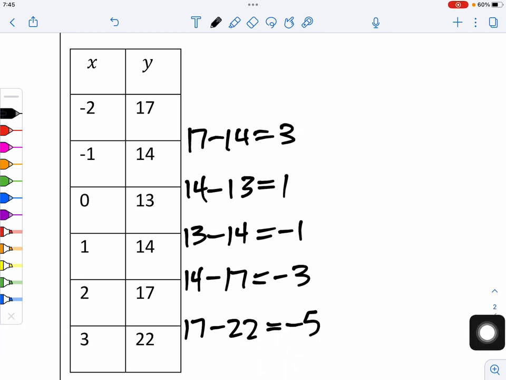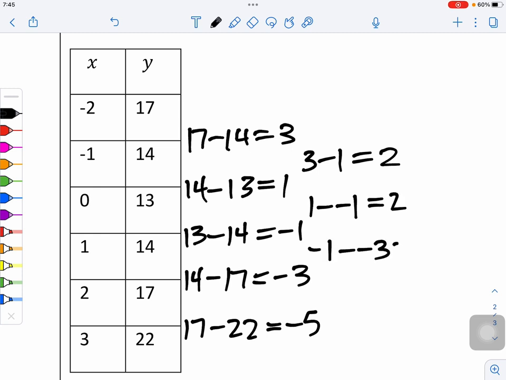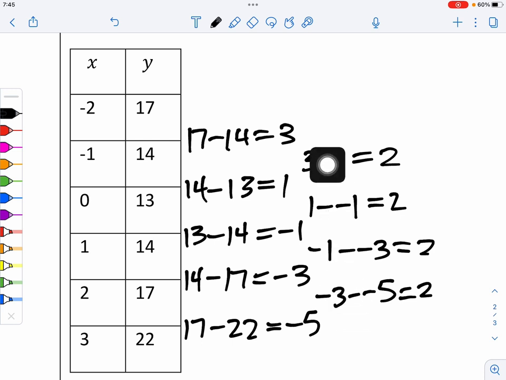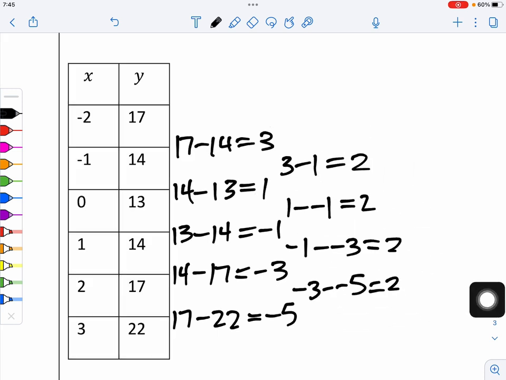So I'll try one more time. 3 minus 1 is 2. 1 minus -1. Notice it's minus a negative. Always subtract for those differences. -1 minus -3 is 2. And -3 minus -5 is also equal to 2. So I took my differences a second time, and now I can see that they're constant.